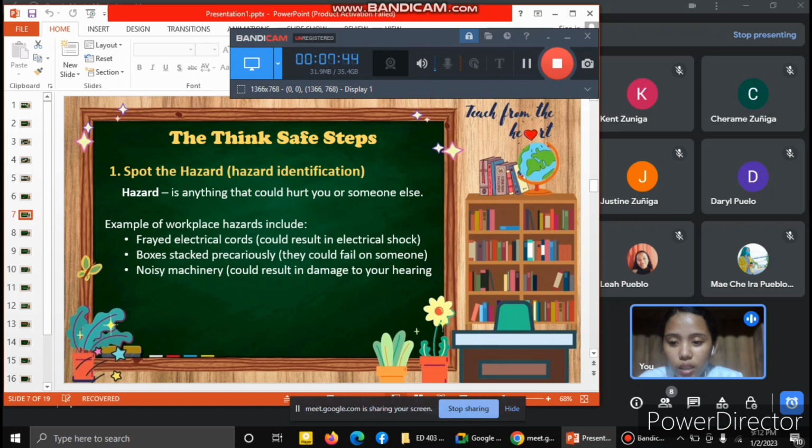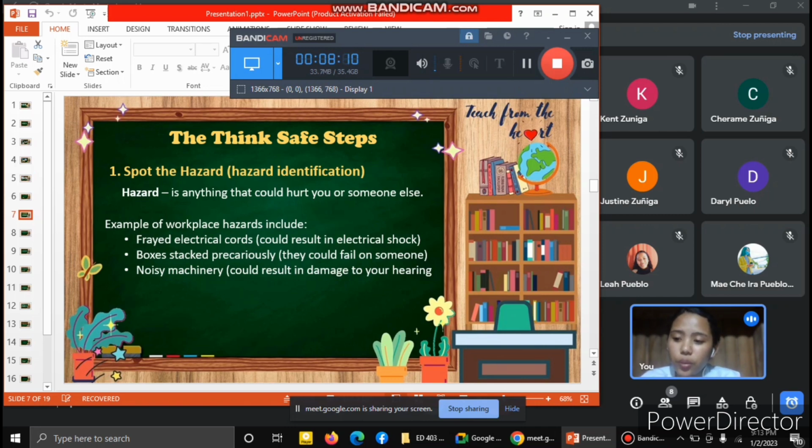The first is frayed electrical cords, which could result in electrical shock. Boxes stacked precariously could fall on someone. Another example is noisy machinery, which could result in damage to your hearing.